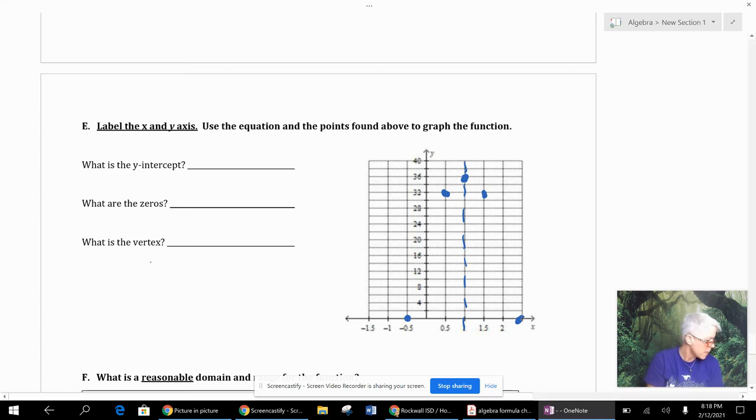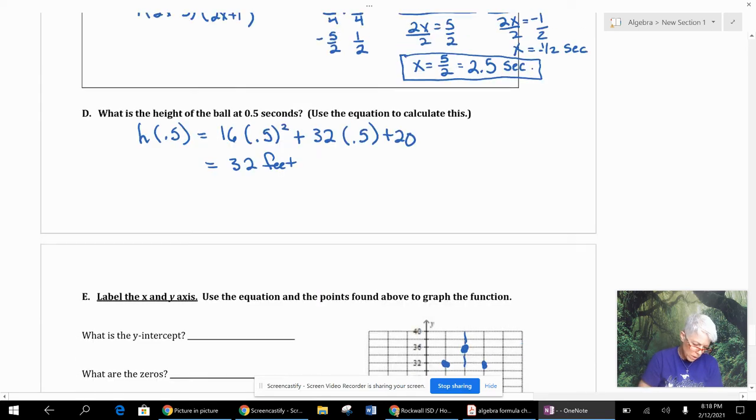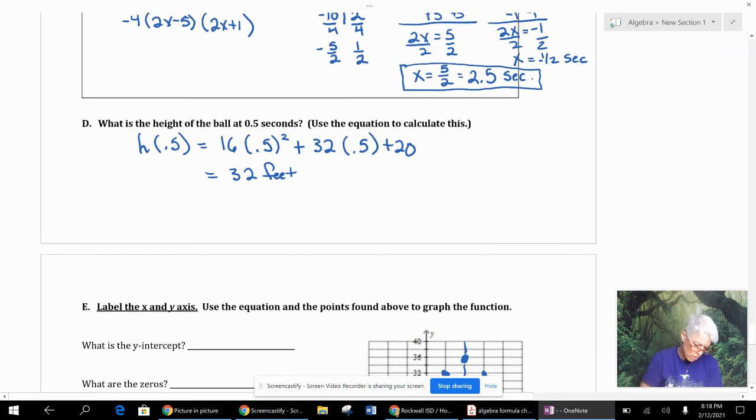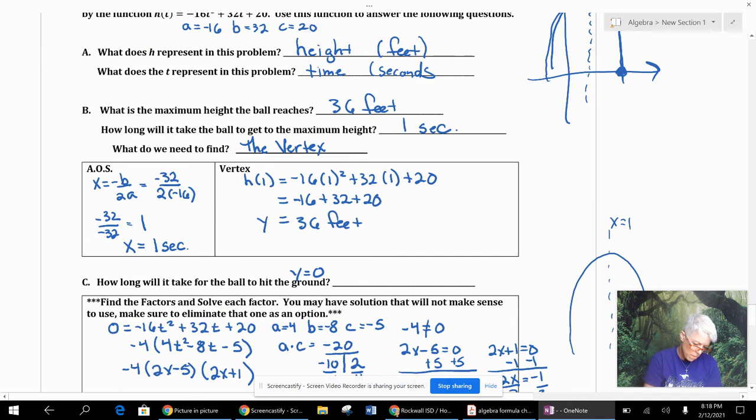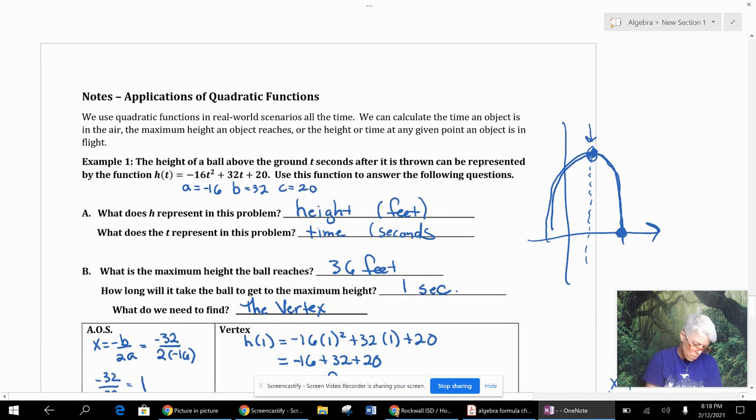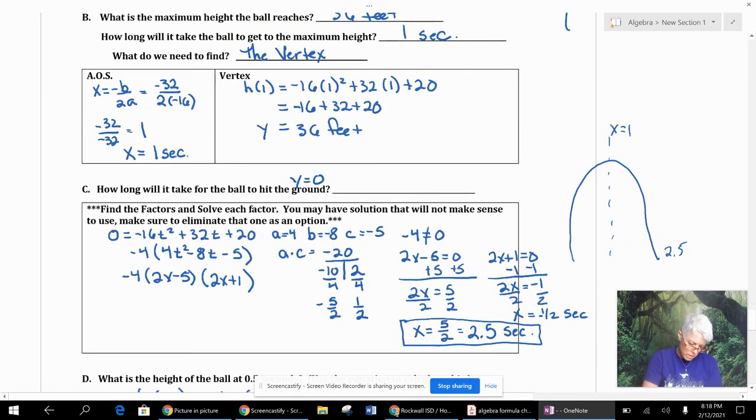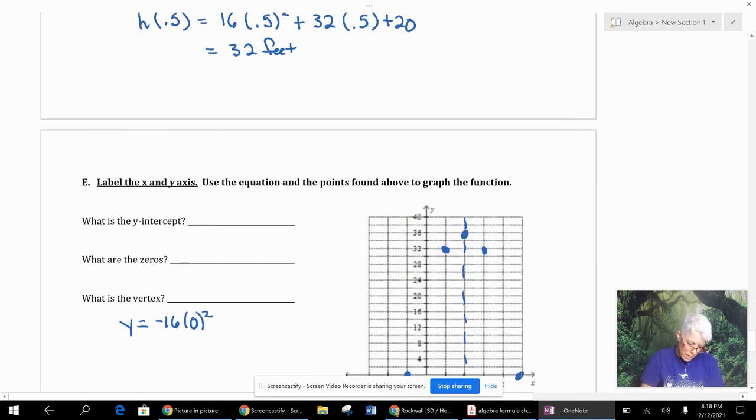So if I go back to that original equation and I say y equals negative 16, 0 squared. Well, actually, I don't even have to work it all out. I'm going to go back up here and just show you right here. Let me come all the way up. Right here is our y-intercept, right there. So that's at 20.